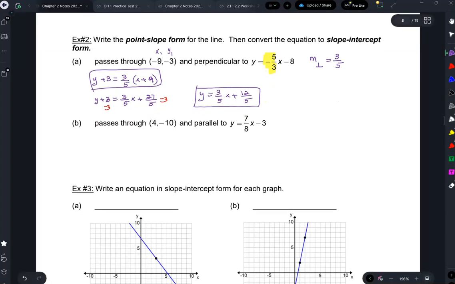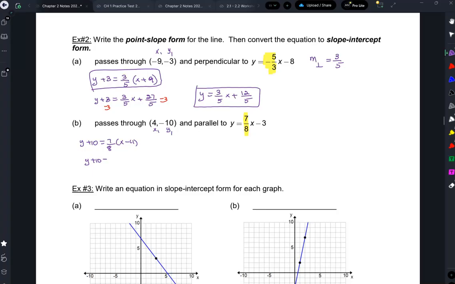Okay, this one passes through 4 and -10. So this is my x1, y1. Parallel to 7/8. So what slope am I going to use? 7/8. All right, y plus 10 is 7/8 x minus 4.